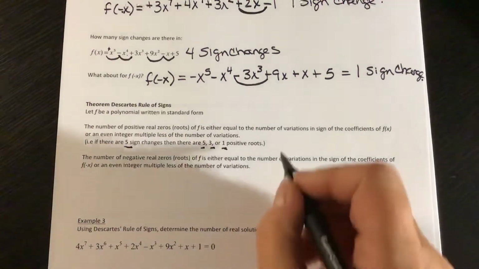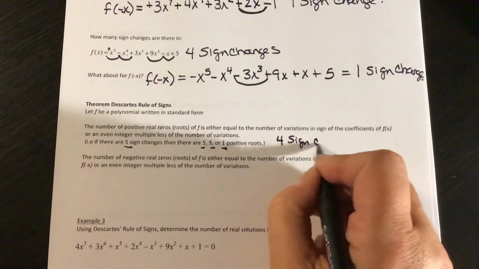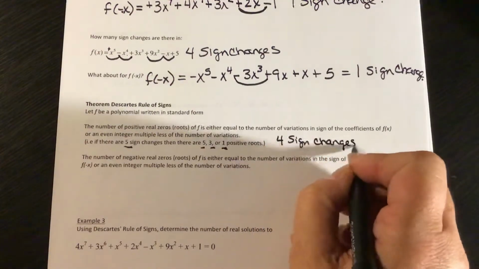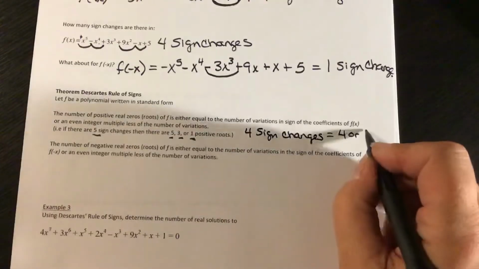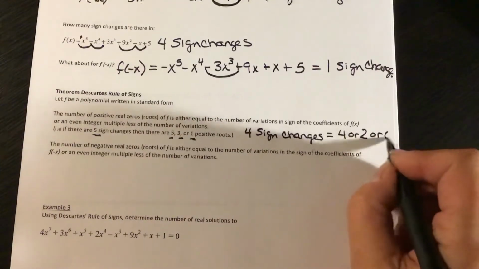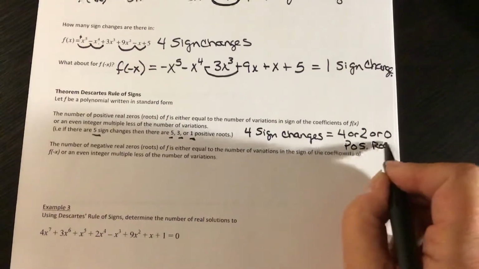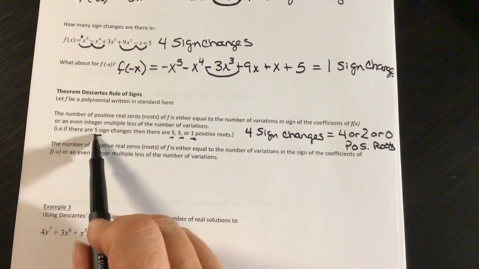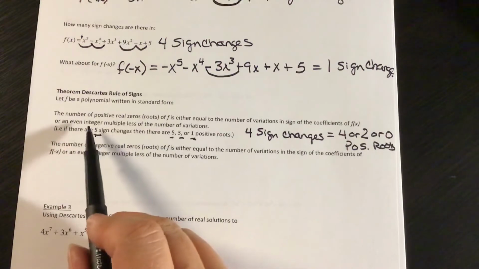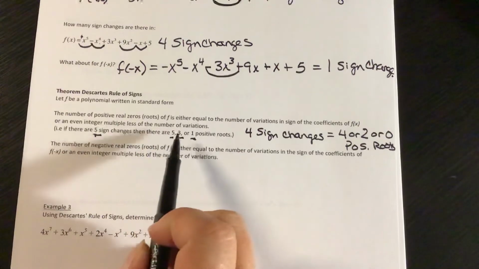Okay, so if we have 4 sign changes, we can have 4 or 2 or 0 positive roots. Okay, so we start with the number of sign changes that we have, and then look for multiples less than the number of variations.